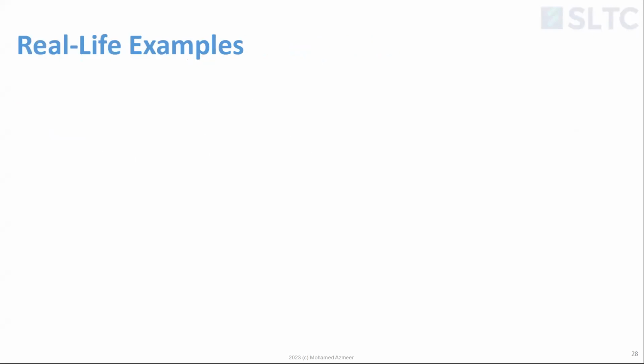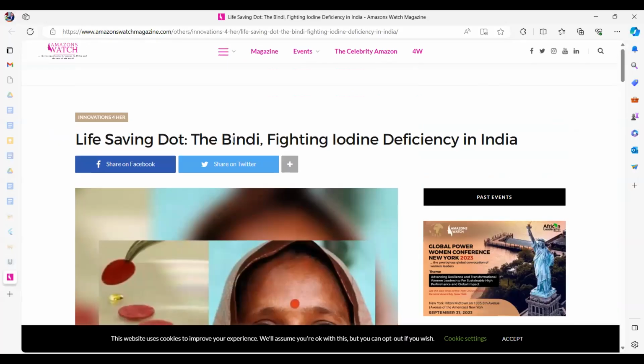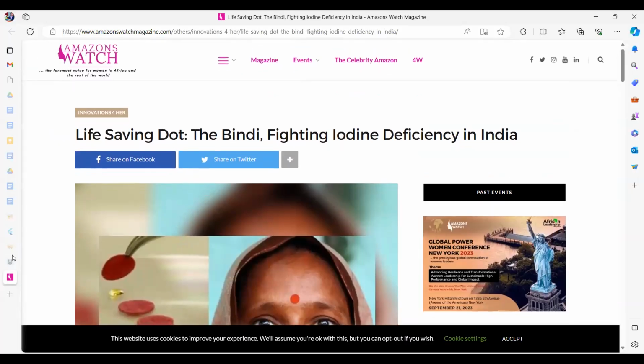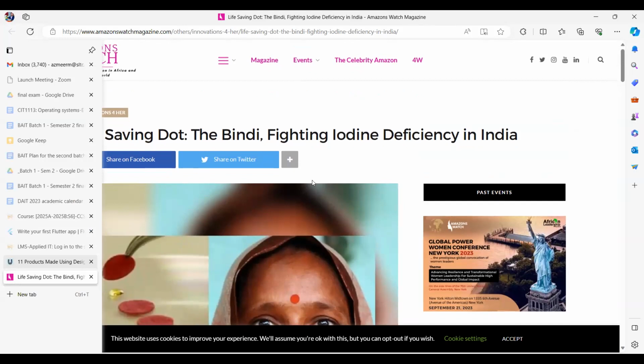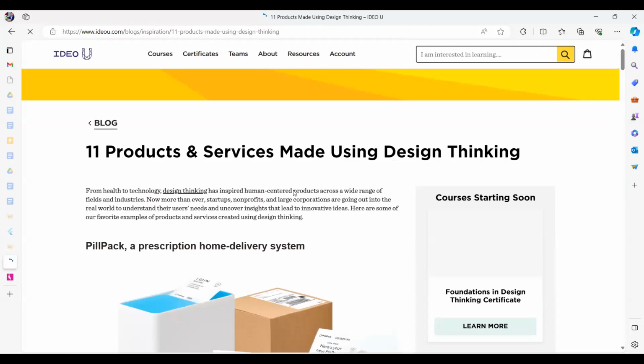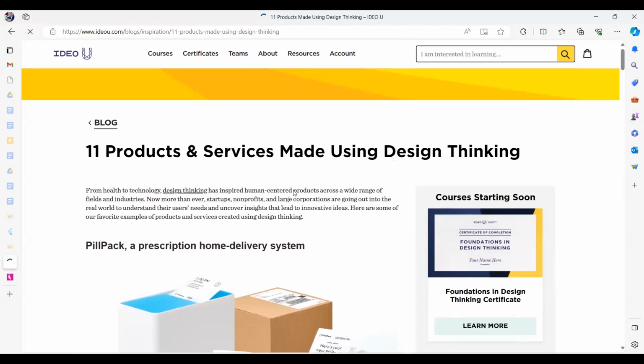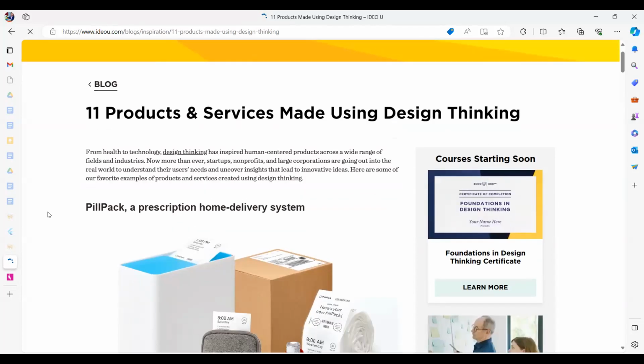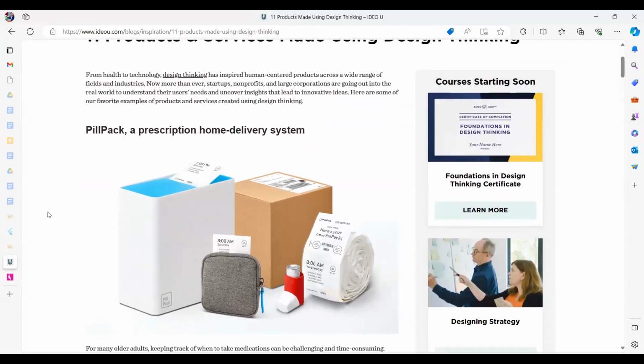Now, under real life examples, let me switch to this one, the website. So we already looked at the Bindi, right? So here's another set of excellent products that they came up with. Actually, these are new products thanks to design thinking. The first one is called the pill pack.